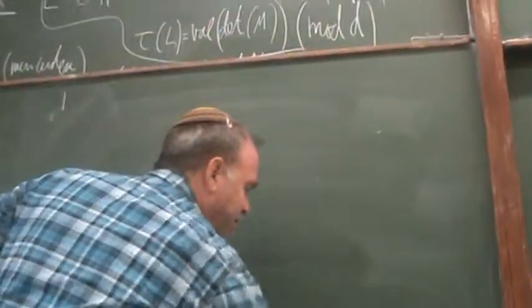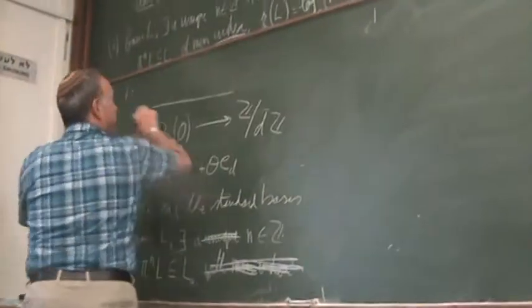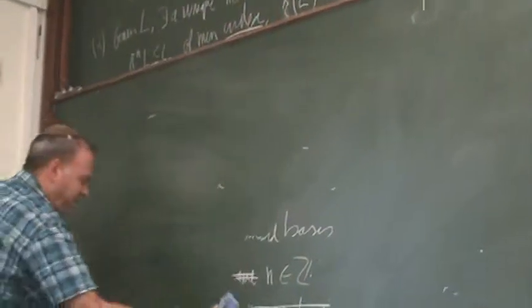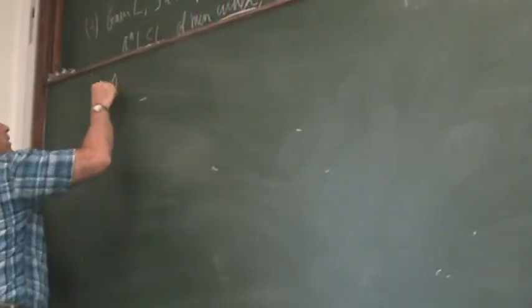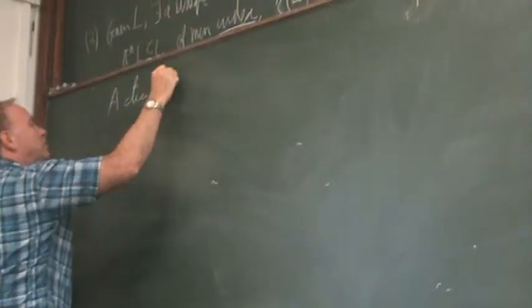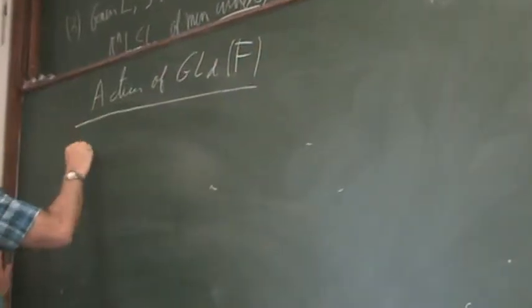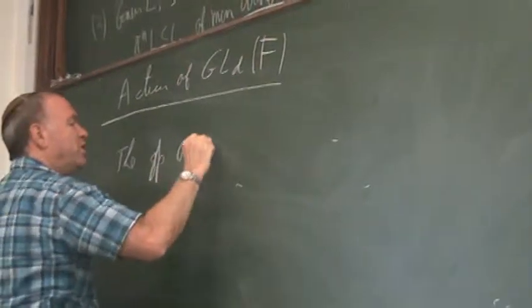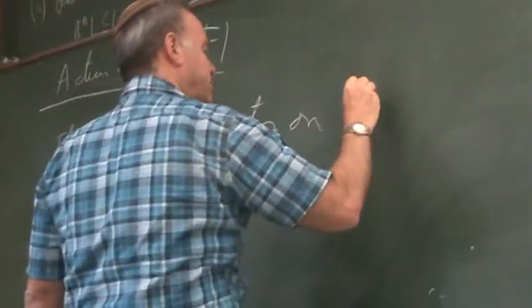Next, let's relate it now to the group structure, to the action of the group. The group GL_d(F) acts on the lattices.